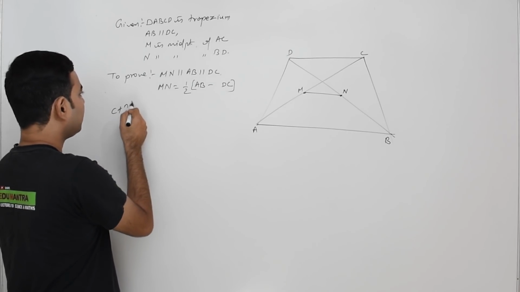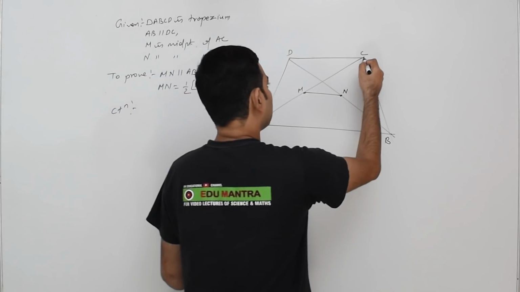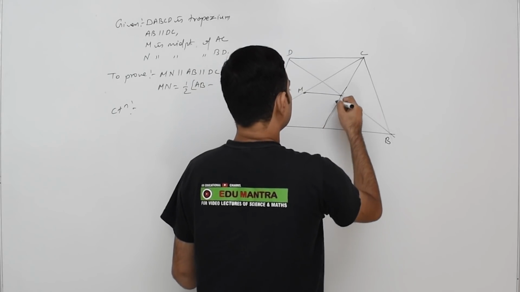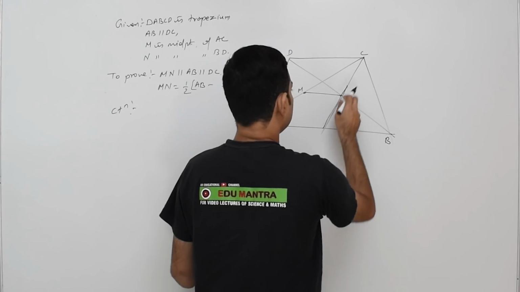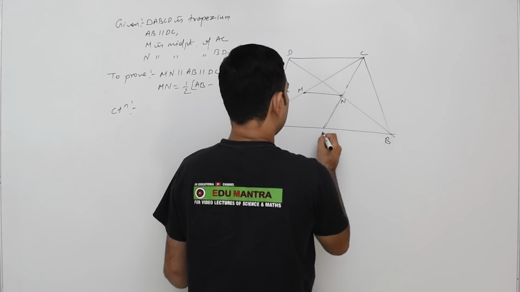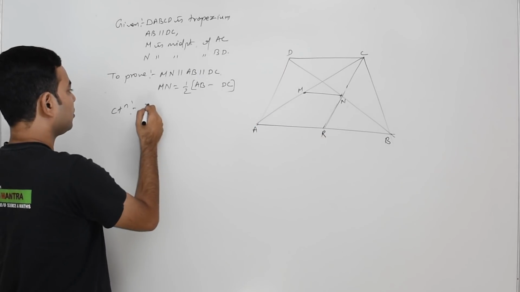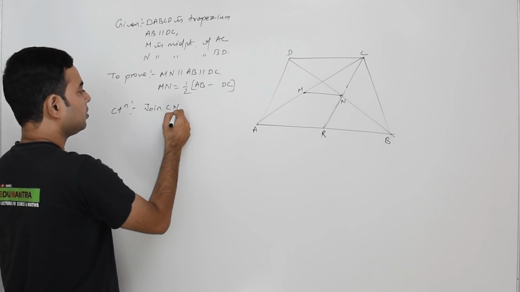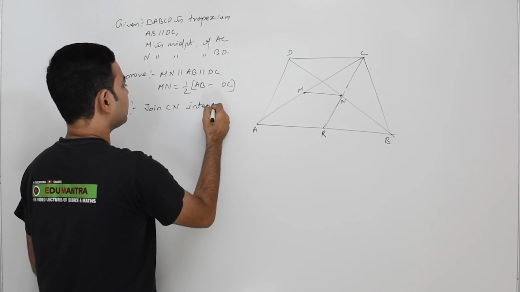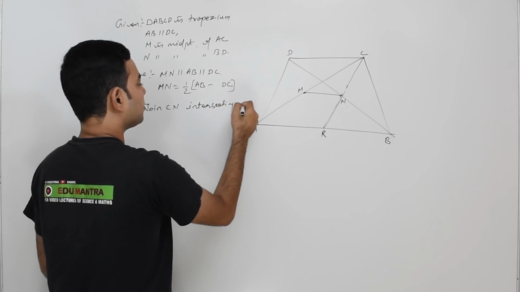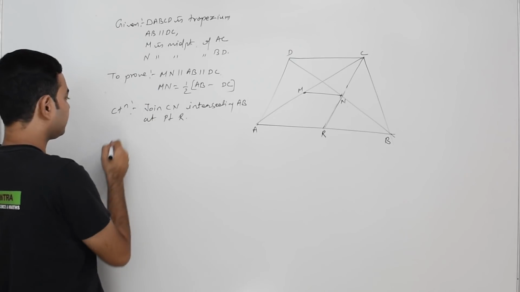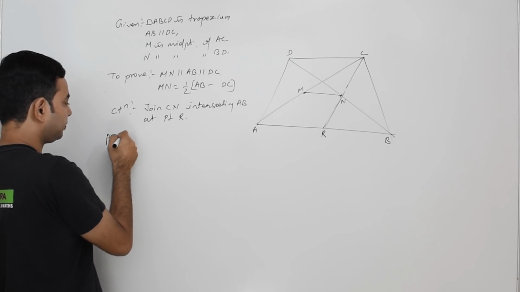For proving this one, we have to construct or join CN such that it intersects AB at point R. Join CN intersecting AB at point R. Proof.